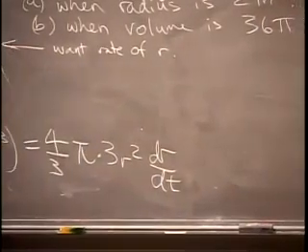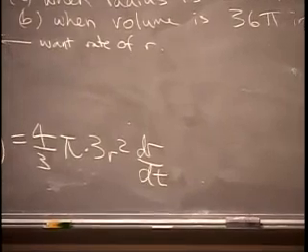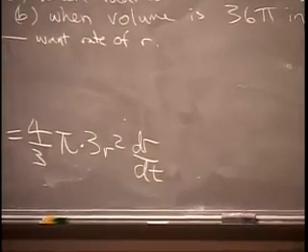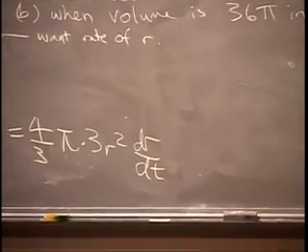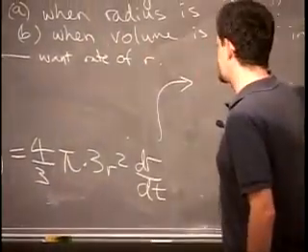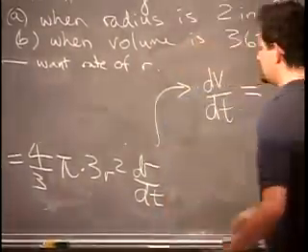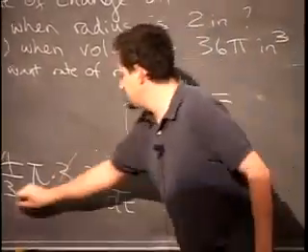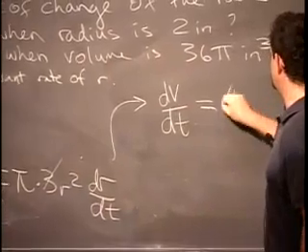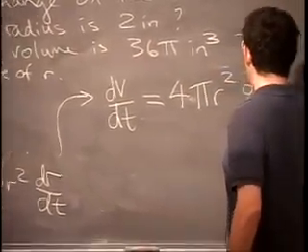And I get the d dt of r cubed is 3r squared dr dt. Okay, so let's rewrite that. So we have shown that dv dt is, well, we can cancel out the 3's here. So it just works out as 4 pi r squared dr dt.